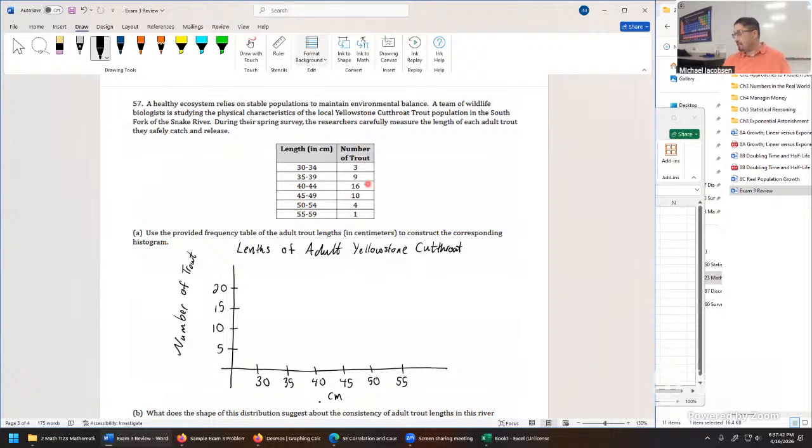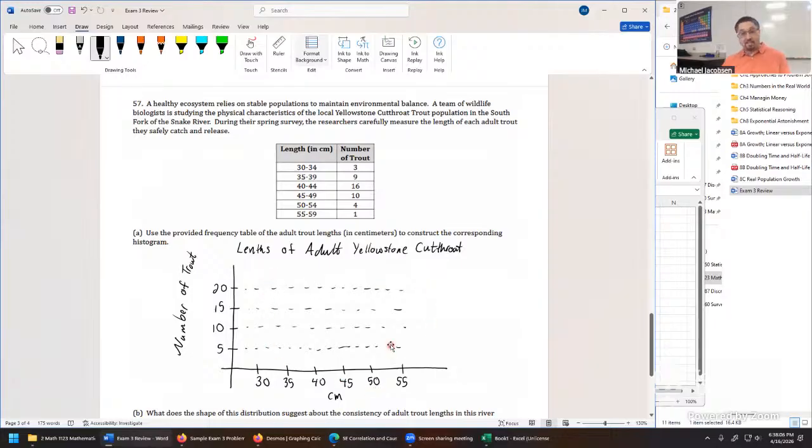Then we mentioned rulers allowed on the exam if you like, but if you're freehanding this, it doesn't have to be perfect. I'm going to use these little dots as a way to try to do a better job freehanding it. I'm not going to be super picky on how artistic you are or how steady a hand you have on drawing the actual rectangles in the histogram.